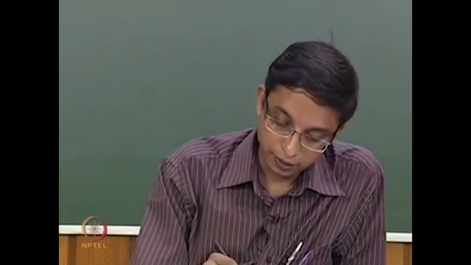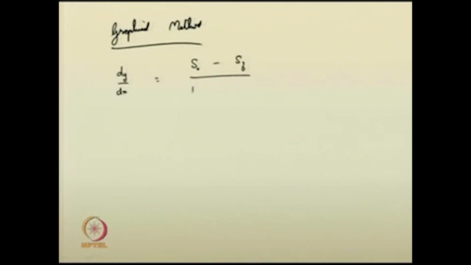But as we have mentioned earlier, there is a graphical method also. Of course, we are not going to do the graphical method, but this can also be used to solve the gradually varied flow. The fundamental is dy by dx, this is (S_0 minus S_F) by (1 minus Q squared T by g A cubed).